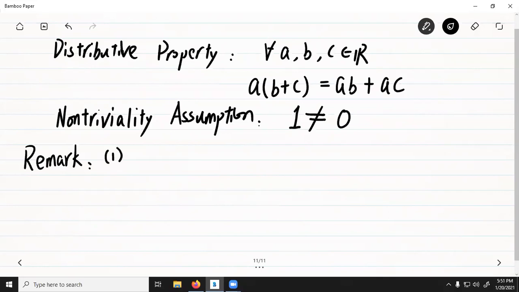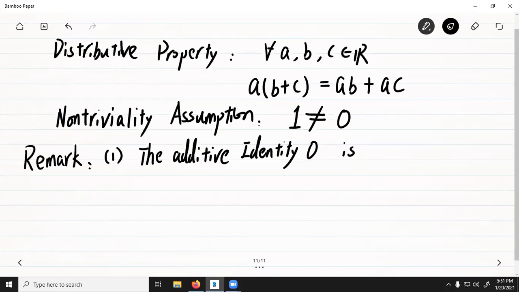The first remark says the additive identity 0 is unique. We only have 1 additive identity 0.